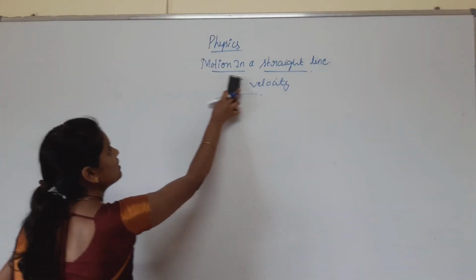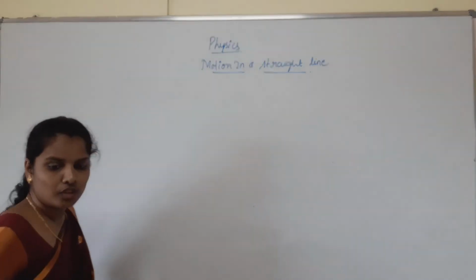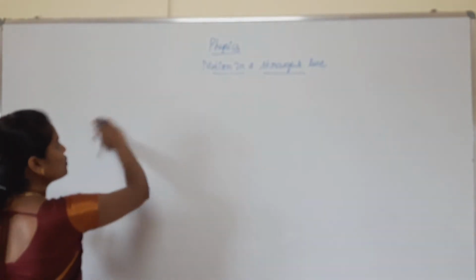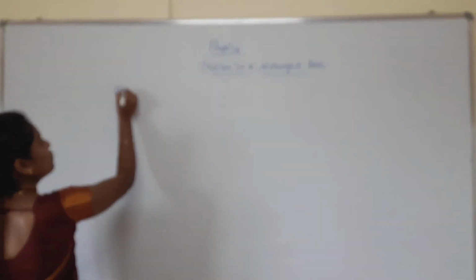And the next one is motion: uniform and non-uniform motion. First one is uniform motion.